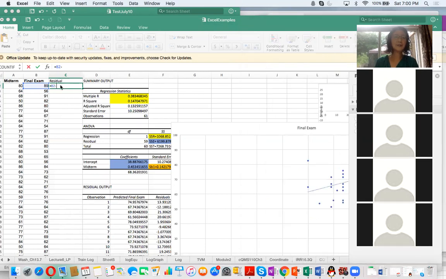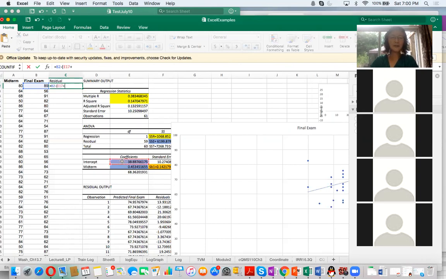So observed minus predicted Y, where predicted Y equals intercept plus slope times X. X is 89. Anything inside this bracket is a predicted Y. So 89 minus predicted Y, the result is the residue. And you do this for each and every student.